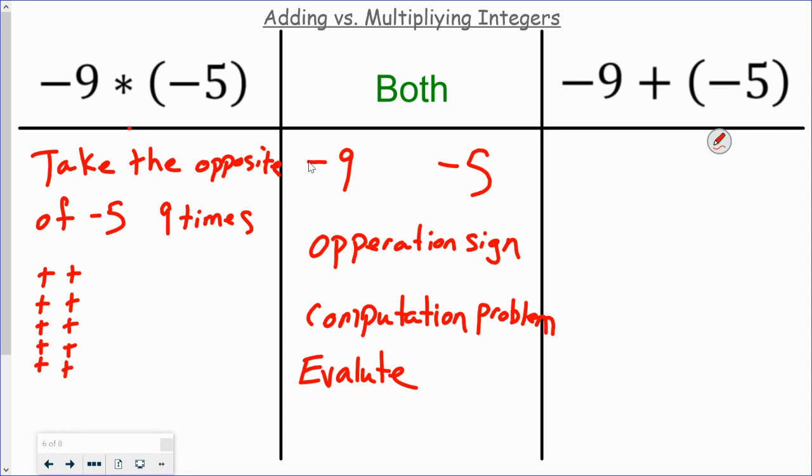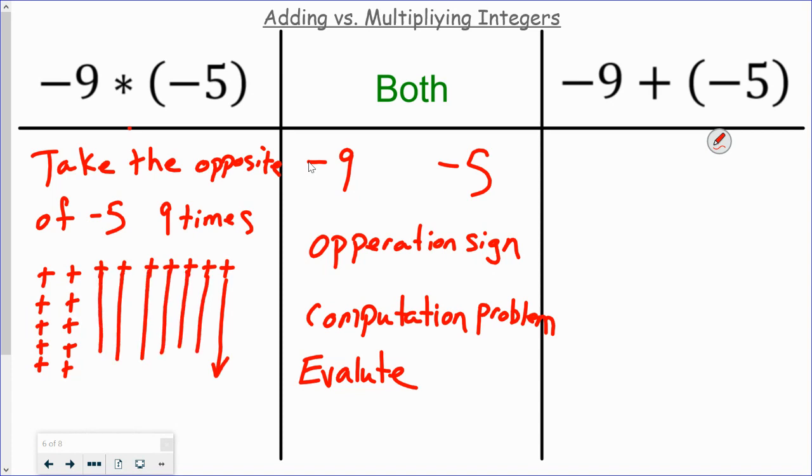Okay, so I would end up with 5 more plus signs in each of these. Okay, and then how many plus signs do I have? Almost looks like a little grid paper going on. It's a quick way of making my plus signs. All right. So then I would actually get that my answer is a positive 45.